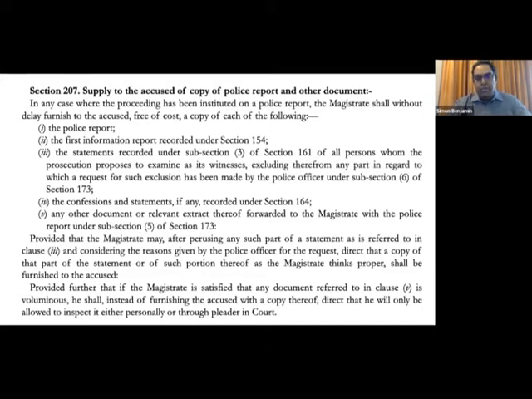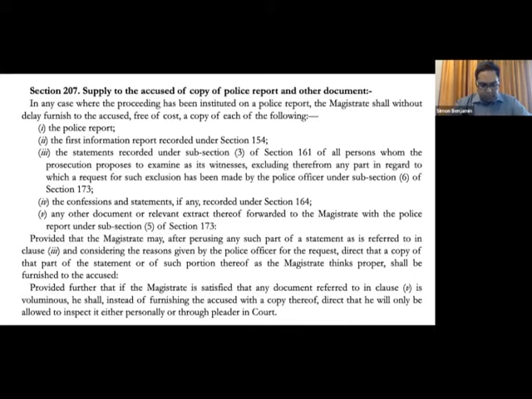All of that material is now provided to the accused persons at this stage where Section 207 is applied. The accused persons have to be provided with all the documents and all the witness statements recorded under Section 161, which are statements recorded by the police.